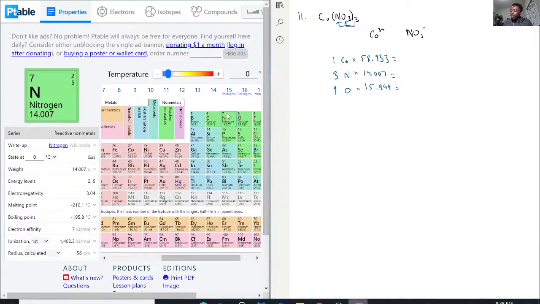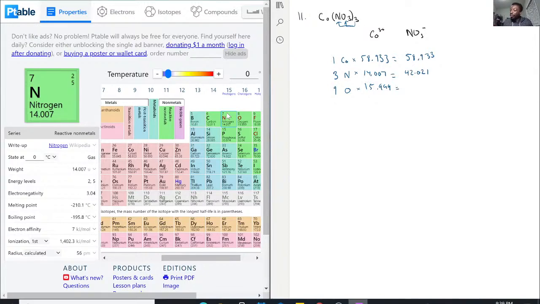Okay, so that is 58.933. Whoops, sorry, that's not what I want to do. Because 1 times that, we're going to have the same number. I don't want to add just yet. 58.933. Perfect. And then this is where we want to multiply first. So 14.007 times 3, 42.021.